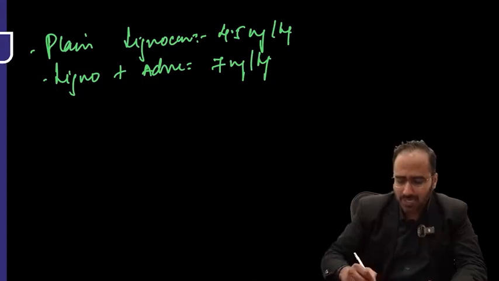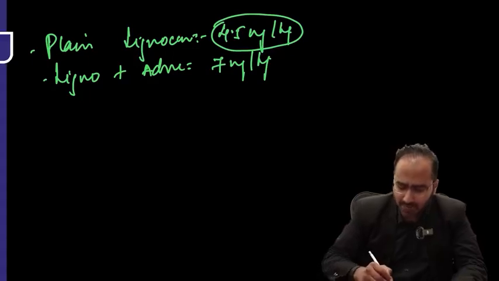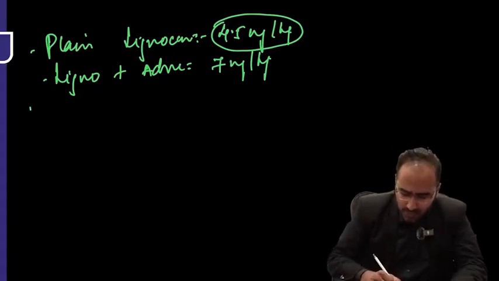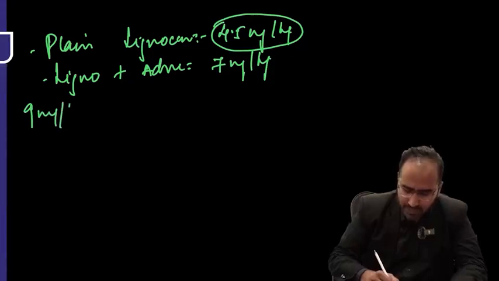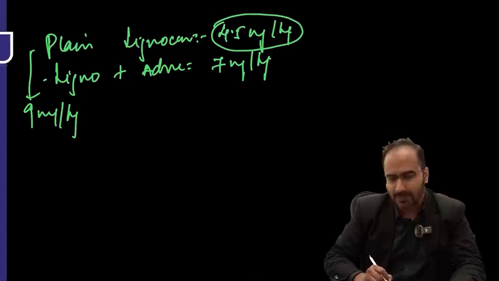Imagine you remember the dose of plain lignocaine is 4.5, but by mistake you have given lignocaine in a dose of 9 mg per kg body weight, plain lignocaine. Then what will happen?